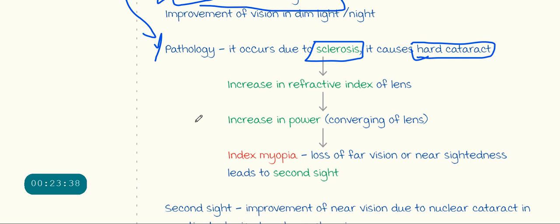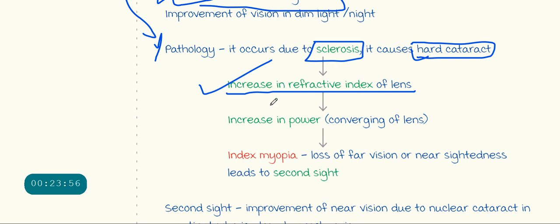Very simple. Now when there is a sclerosis, it will increase the refractive index inside the lens, and we have studied about the refractive index in our previous lectures.